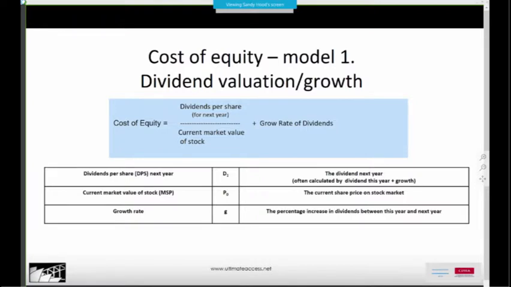And we can identify this by looking at this year's dividend and then adding on some growth. The market share price, MSP, is P0. In other words, it's the today price that the shares trade at, and G is simply the growth rate of the dividends.